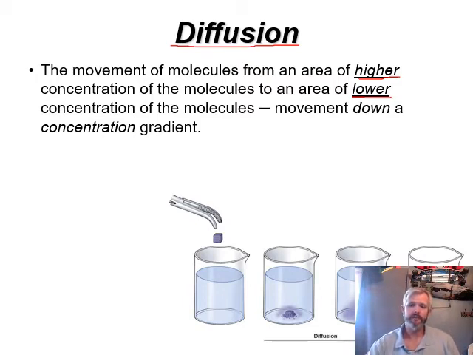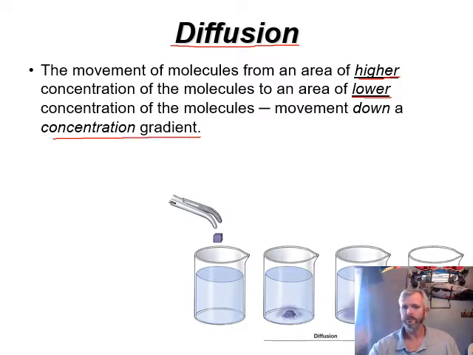But to have diffusion take place, I have to have a higher concentration of a molecule over here and a lower concentration of the molecule there. I have to have what's called a concentration gradient, a difference in concentration between these two regions. Because the molecule is going to move from an area of high concentration to an area of low concentration. When they do this, it is called moving down or with the concentration gradient.